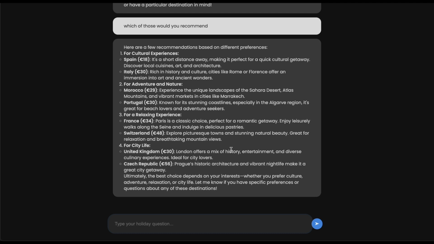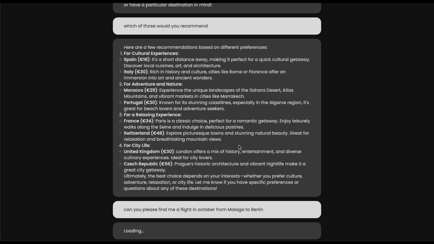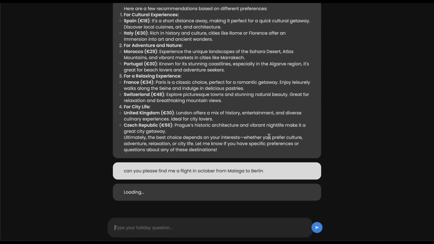So if I say, okay, can you please find me a flight in, I don't know, October from Malaga to Berlin. Now it goes ahead and searches for the best dates in October to fly from Malaga to Berlin.